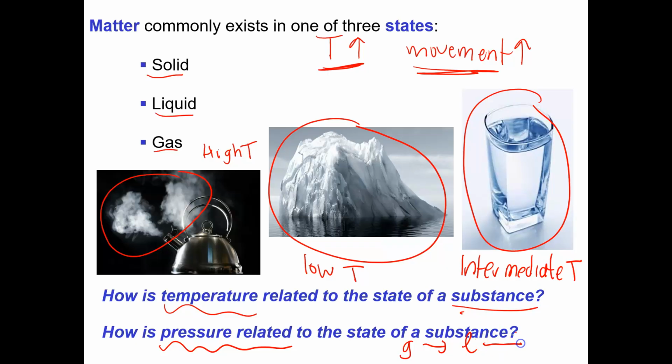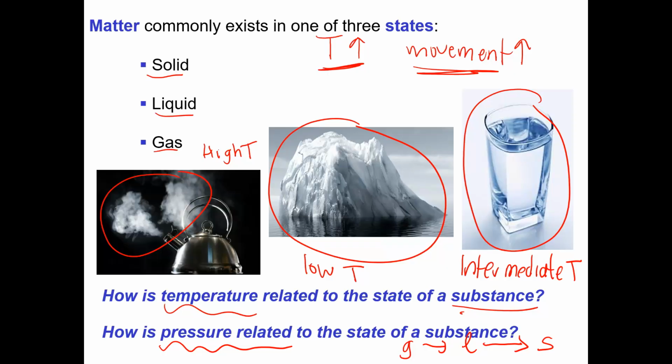If I continue to apply a pressure to a liquid, eventually it will become a solid. So as I push the particles closer together by applying a pressure, we move from liquid to solid. Therefore, the particles that make up solids have less space between them than the particles that make up a liquid. So that's kind of cool.